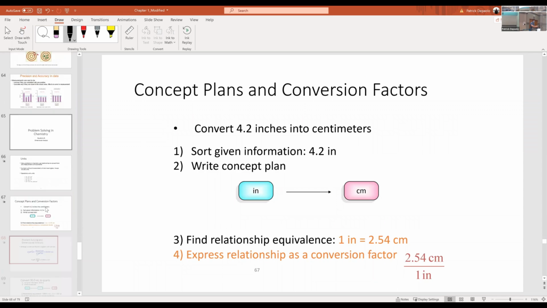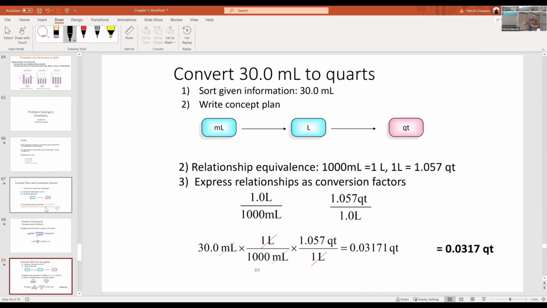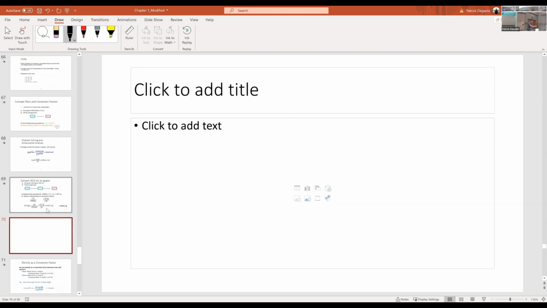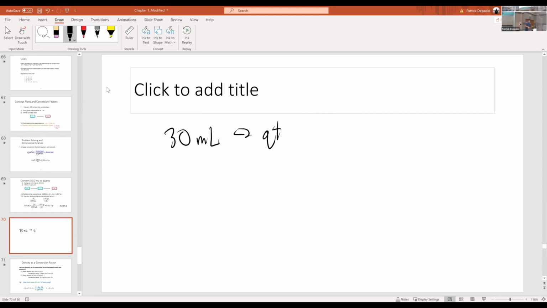All right, so here. Convert, oh damn, this is the answer. Ignore the answer. All right, I'll show you how to do it. We'll convert 30 milliliters to quarts. In any kind of unit dimensional analysis, we have conversion factors, and we're going to use these conversion factors.